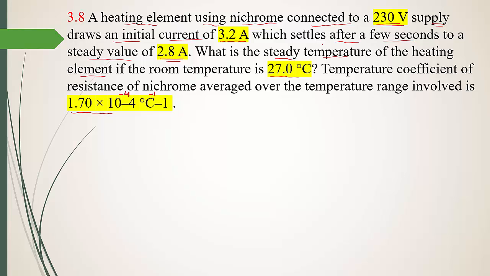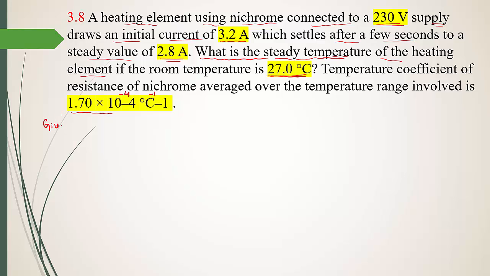See here, we have to calculate the final temperature. Suppose the initial room temperature is 27 degrees Celsius, then at what temperature will that heating element settle down? So we can write the givens.